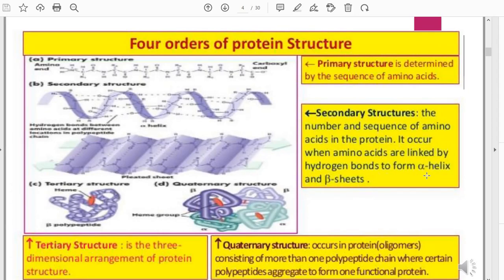This is the 4 ordered structure of the protein.